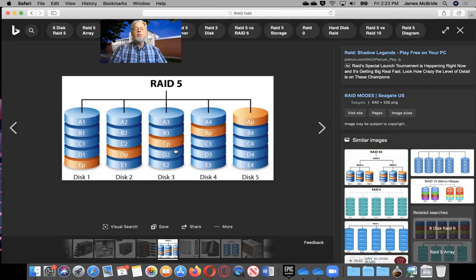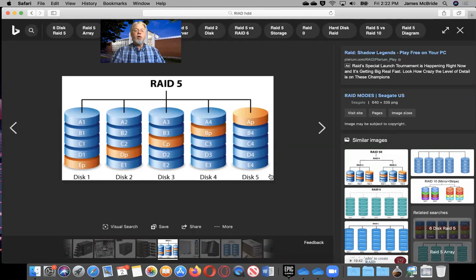Really what that means is you have a full disk, and it's spread across everything, but you have a full disk that you could lose. So you could lose disk 5 and still have all the data on disks 1 through 4. Or you could lose disk 2 and still have all the data on disks 1, 3, 4, and 5.